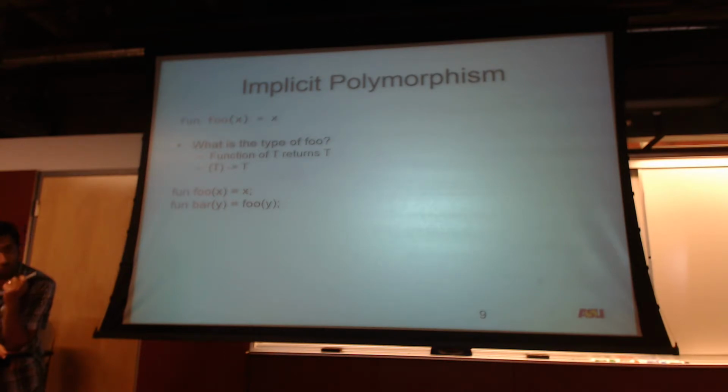Right? So if y has to have the type T, then what is the type of bar? Same. T. So the input argument of bar also is type T because bar uses y as input argument. What is the return type of bar?